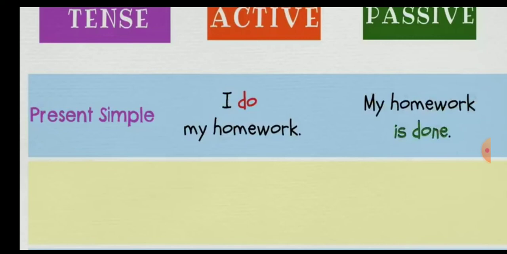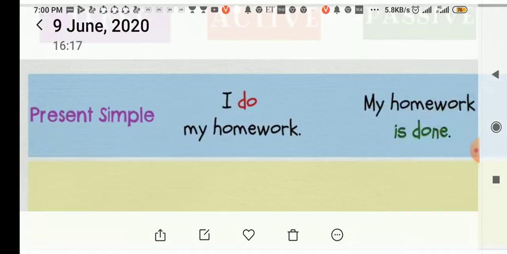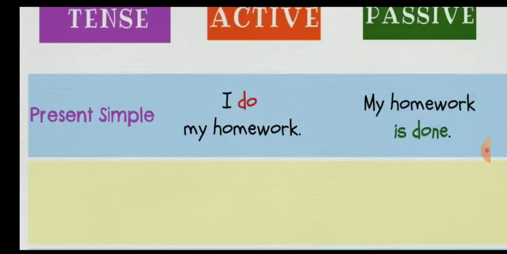If there is a sentence, he does my homework, my homework is done by him, because he is doing my homework. Here the doer is different. Then we have to use the objective pronoun here.